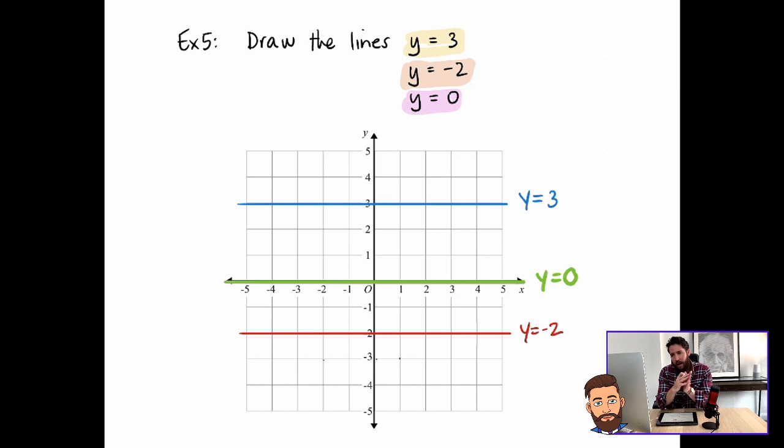It is where the straight line goes through the y-axis at 0. But we also know that that line is called the x-axis. So if you ever see y equals 0, you should think, oh, that's just the x-axis. Really, really useful to know that.